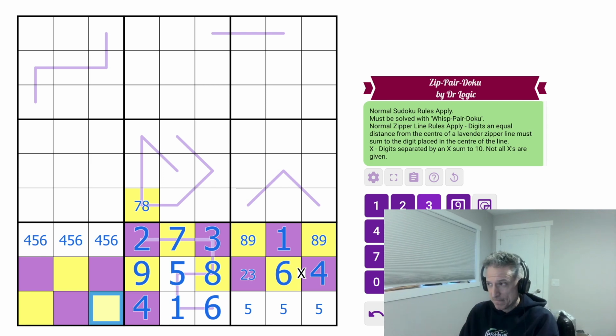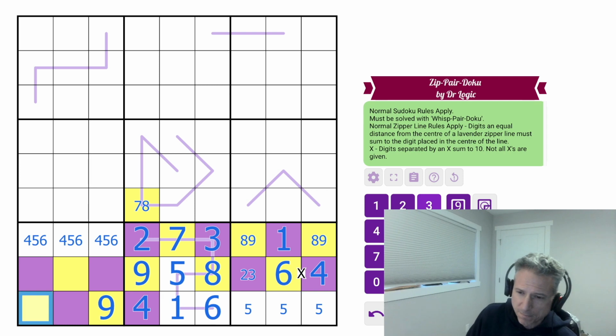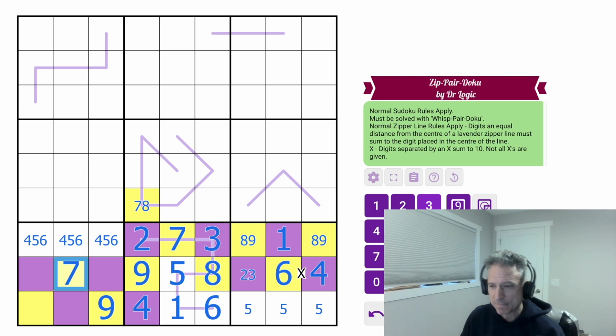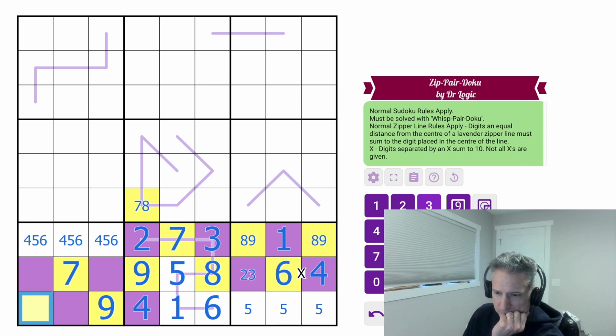We know what digit it is because box 7, cell 5 sees 689, so it must be 7. And that same box 7, cell 7 sees 7 and 9 by Sudoku as well as 6, which means it can only be 8.